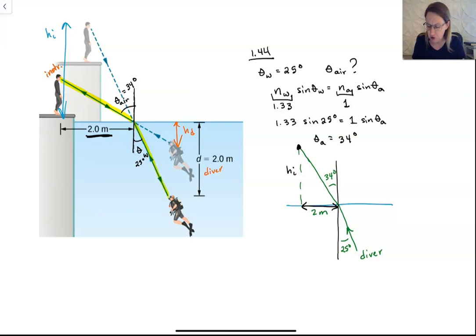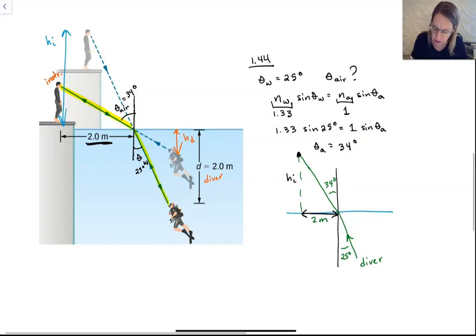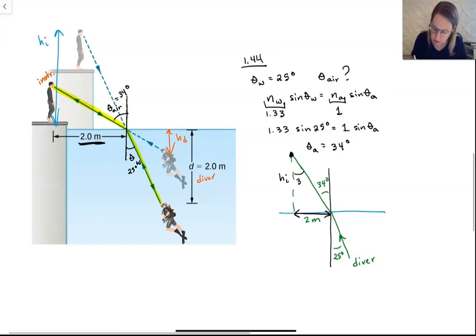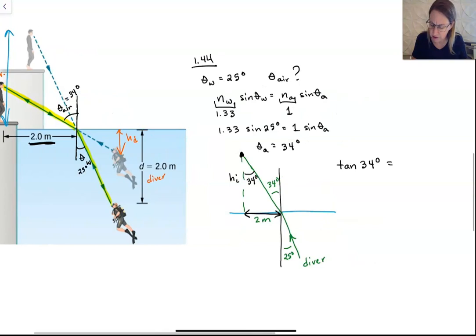If we set up the geometry like this, we can say, oh, look at this, we have a nice triangle, so it's just some trig at this point. 34 degrees is there. So we can say tangent of 34 degrees is opposite over adjacent, so 2 meters over h, the height of the instructor. Our height of the instructor is 2 meters over tangent of 34 degrees.